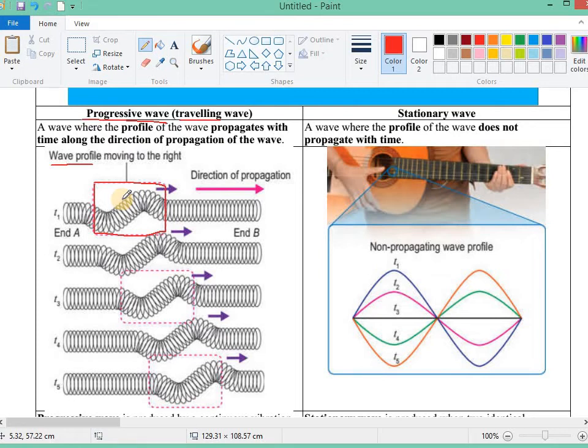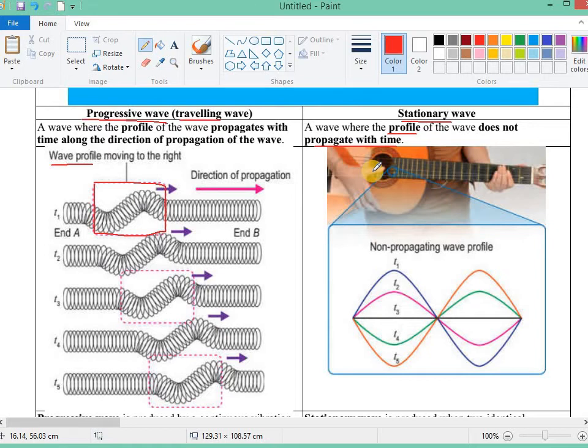Understand? Now the next one is the stationary wave. So there are two types of wave. That means all of the waves can be grouped into two groups: progressive wave and stationary wave. A stationary wave is where the profile of the wave does not propagate with time. For example, a guitar. When you strum the guitar, the string oscillates up and down.